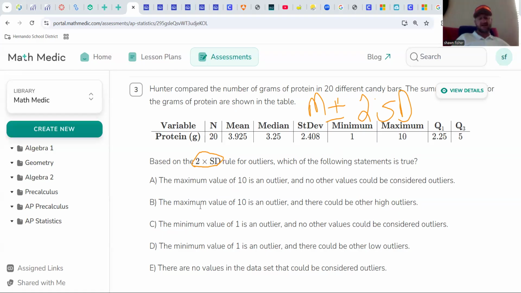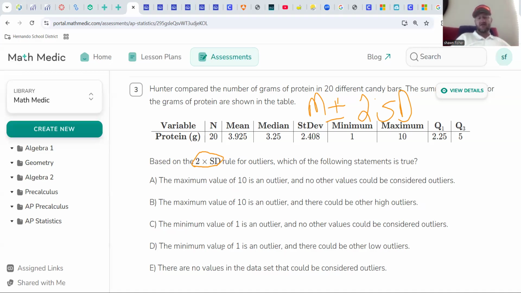Let's go on to B. The maximum value of 10 is an outlier. That's true. There could be other outliers. I like this a lot. So B should be an answer. Let's go on to C. The minimum value 1 is an outlier. No, the 2 standard deviation rule told me that the cutoff is negative 0.891 and there's nothing below that. So 1 can't be an outlier. It's in our realm of things that are not outliers.